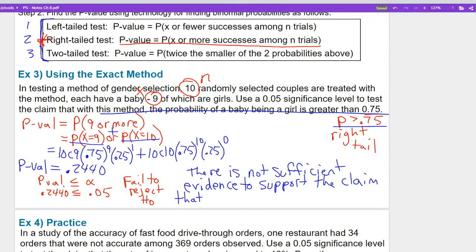The claim was that this method gets the probability of a girl greater than 0.75. There's not sufficient evidence to support the claim that this method increases the probability of a girl greater than 0.75.